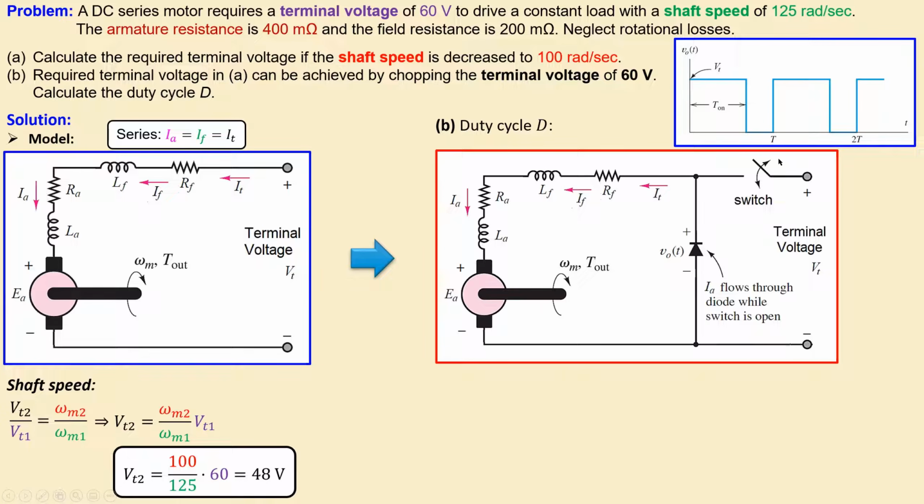So the switch is open, so I don't apply any voltage here. Well, on average, I have of course a lower voltage than that applied terminal voltage here. So if I have this constant on, that means I just apply what we have here. Or constant off, that means actually I have 0 volts across these two elements. So we can just average what we have here by creating a specific duty cycle.